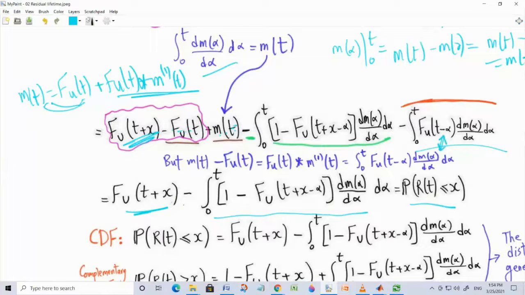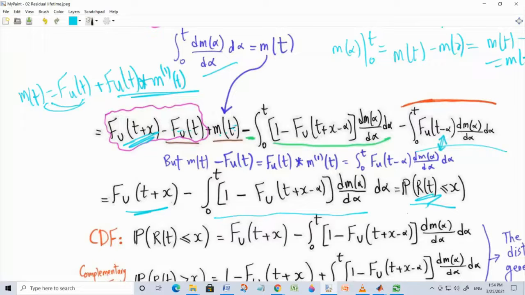So you enter into the system, you examine the system at time t, and you ask yourself, what is the remaining time to the next arrival? Generally speaking, things will depend on t, and the CDF is not a nice quantity at all.